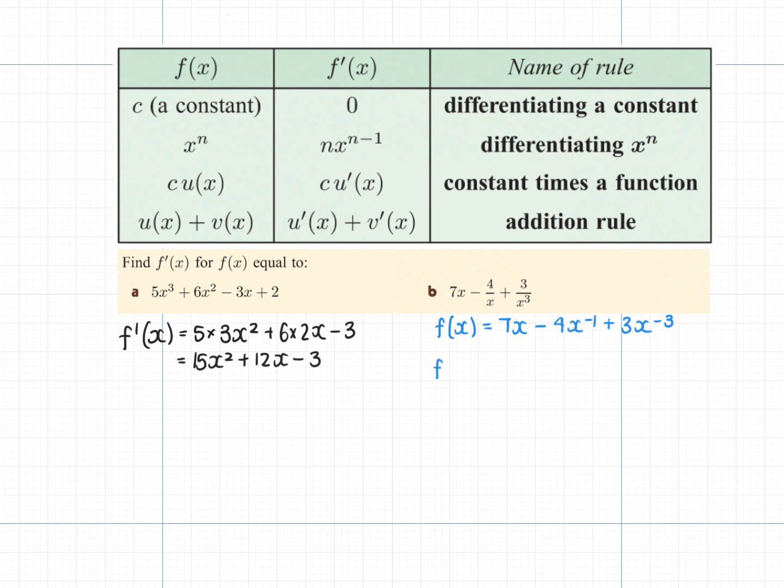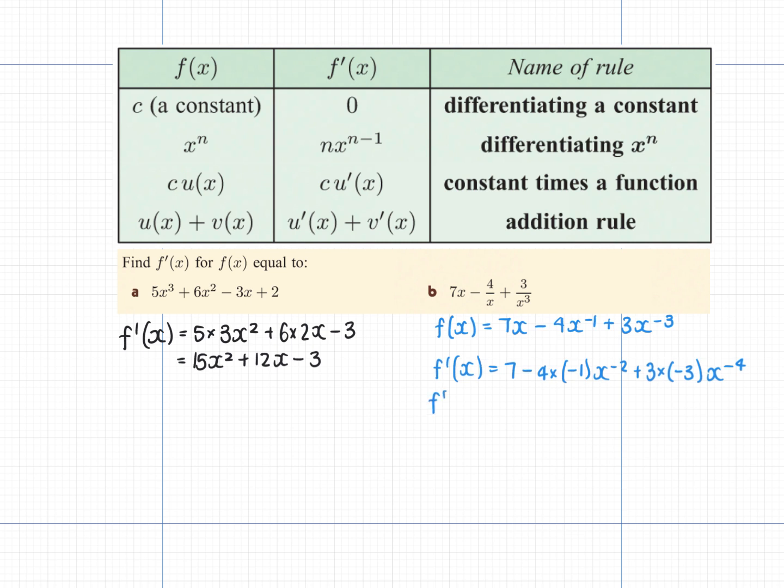Then we'll look at the differentiation of that. 7x just becomes 7. Here it's minus 4 times minus 1, x to the negative 2, plus 3 times minus 3, x to the negative 4.